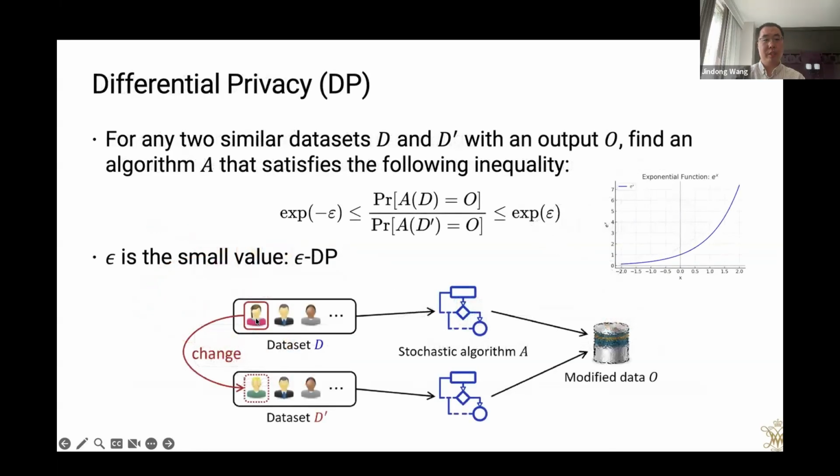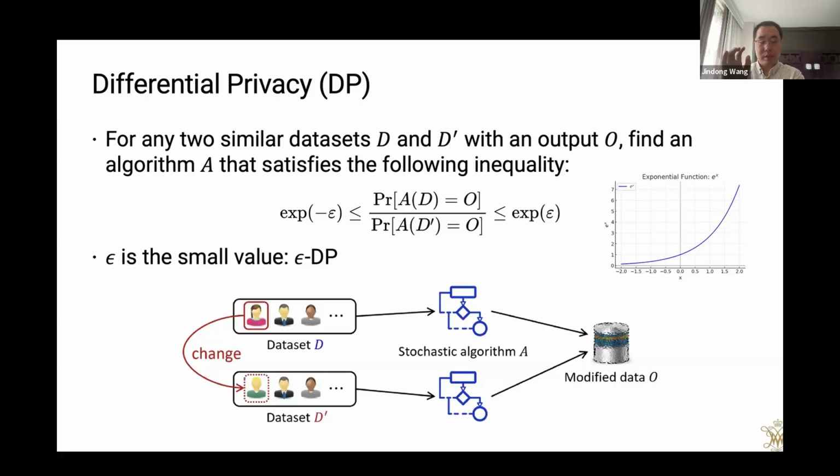So what they do is, okay, we found this kind of mathematical equation. We designed this system to be a very stochastic algorithm. You look at the figure here: we have this algorithm, and we claim that dataset D and, after the slight replacement, another dataset, those two datasets go through our stochastic algorithm A, and after that we have the modified version of the data.